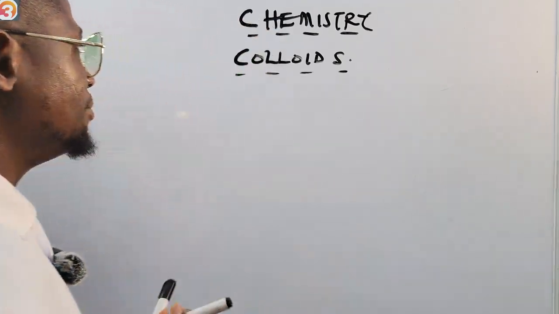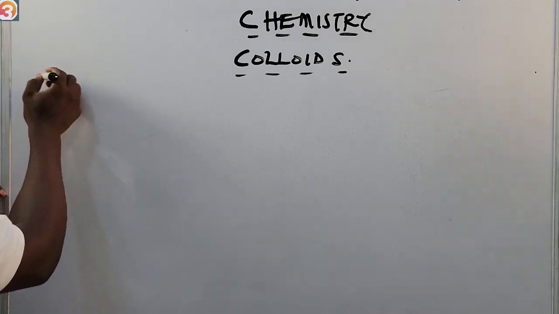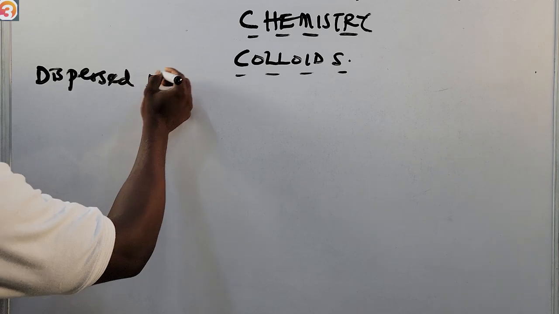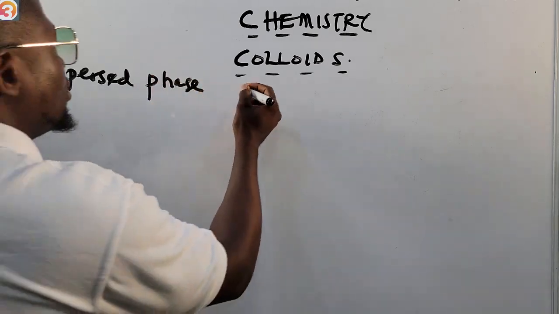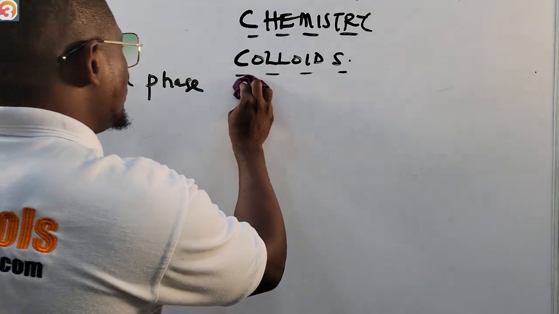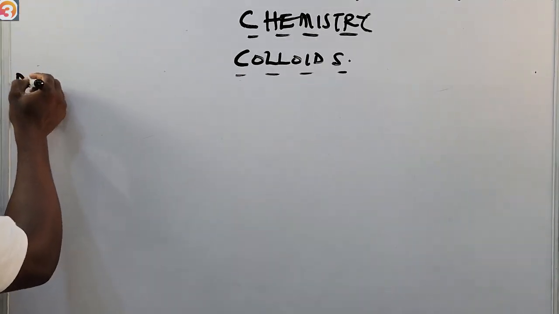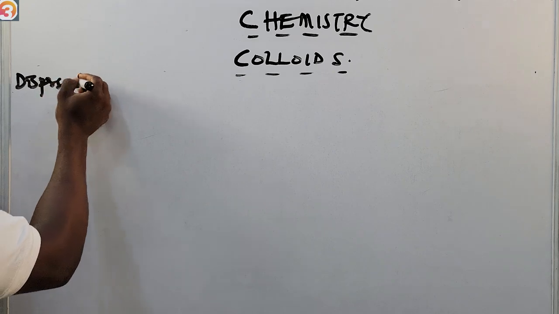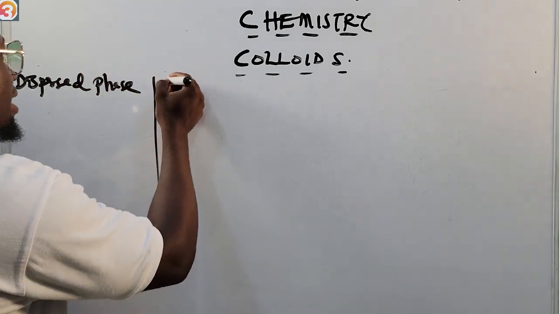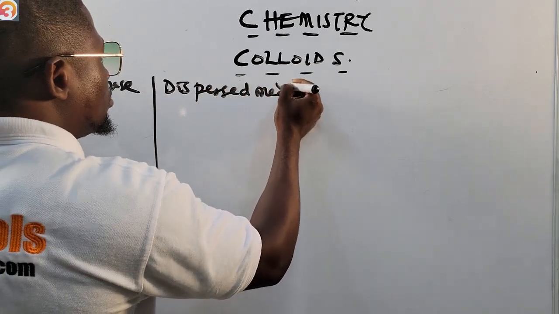All right, so now this is colloids. We're going to have number 1, for example, then we are going to have the dispersed phase, then the dispersed medium.